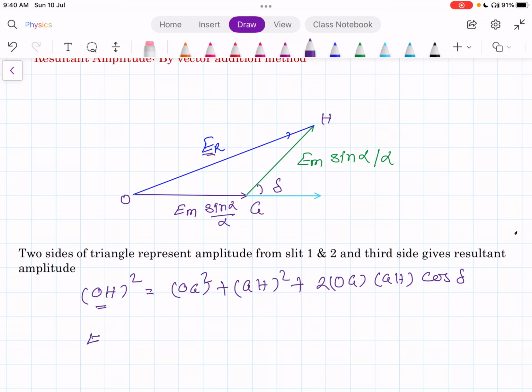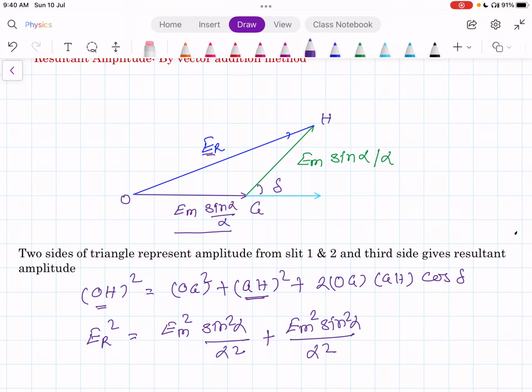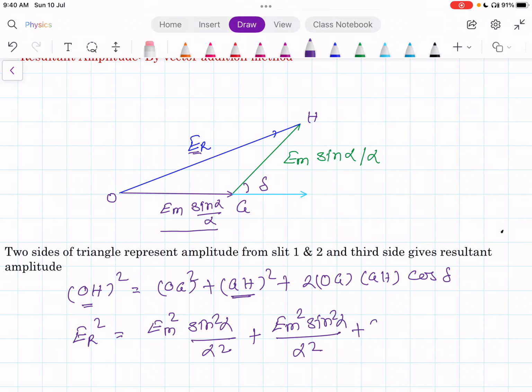So here we have ER square, which is equal to OG square, so we get Em square sine square alpha upon alpha square, plus GH square, again Em square sine square alpha upon alpha square, plus 2 OG into GH, so again Em square sine square alpha upon alpha square into cos delta.